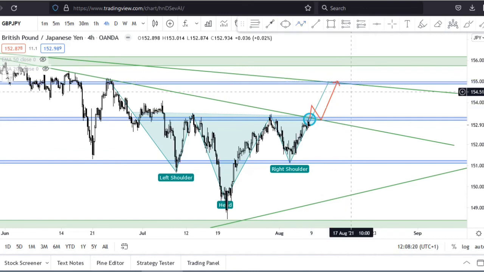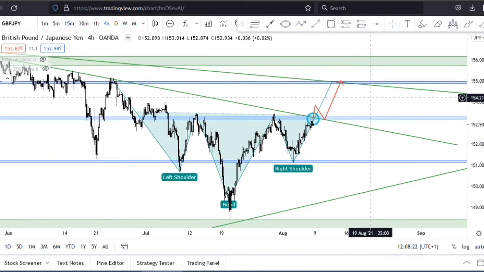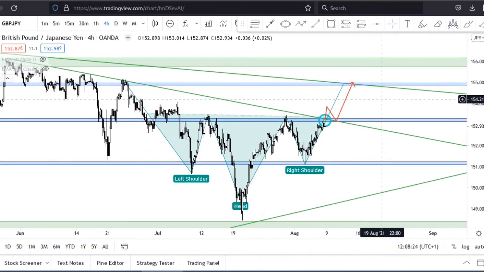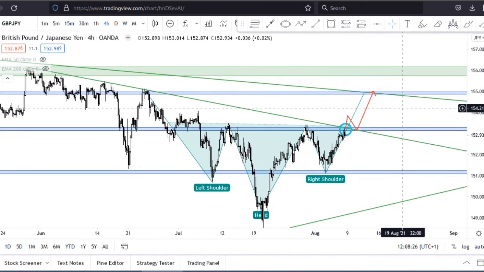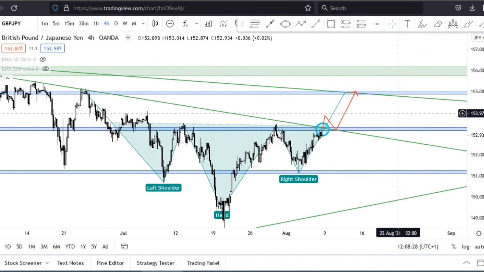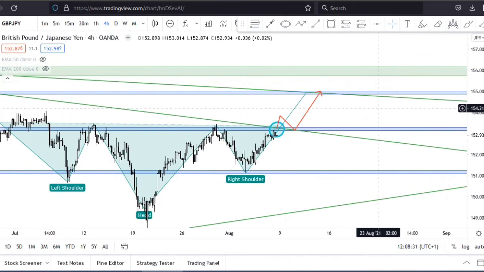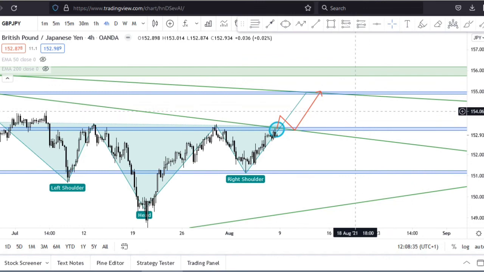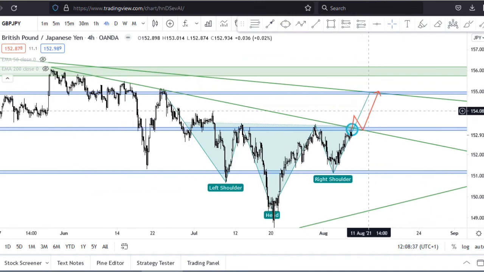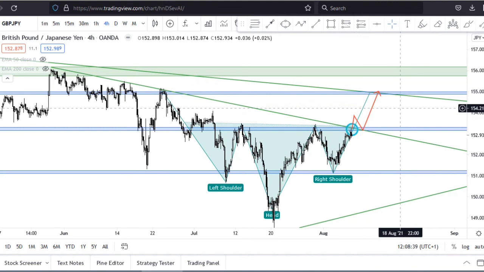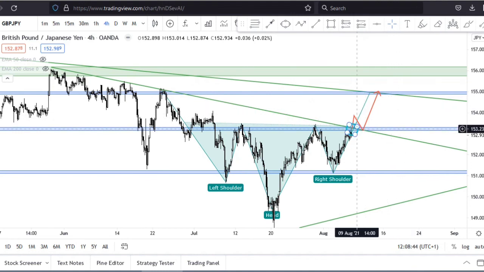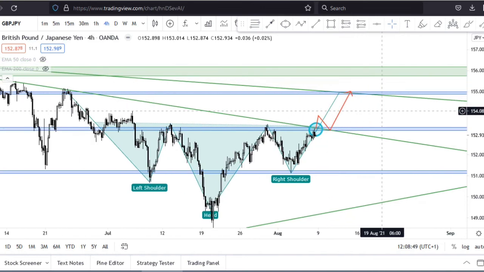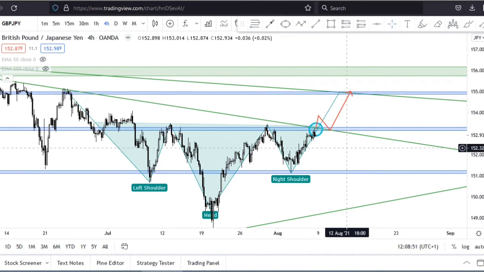We'll see how price reacts to this level later on in the week or next week. But this is what I'm looking at for GBP JPY. Unlike the other three pairs we've talked about, gold, EURUSD, and GBPUSD, where I have a more bearish bias, for this pair I have a more bullish bias. I'm expecting a breakout of this trend line, a retest of it, and continuation to the upside to complete this inverse head and shoulders pattern.